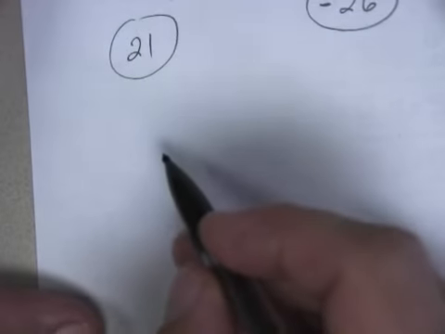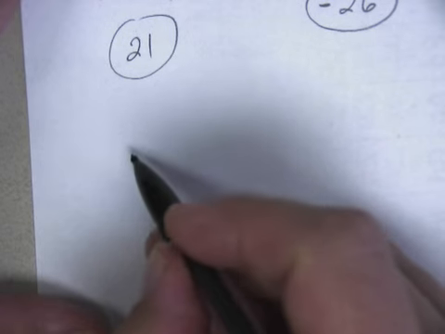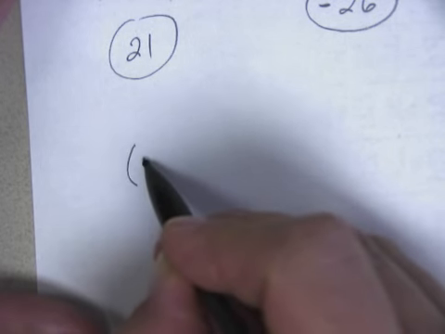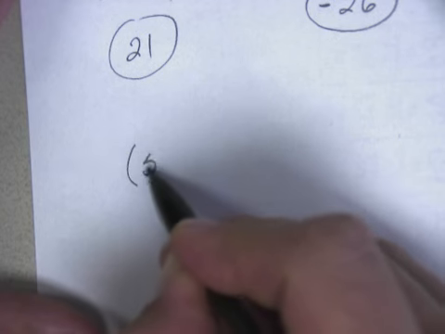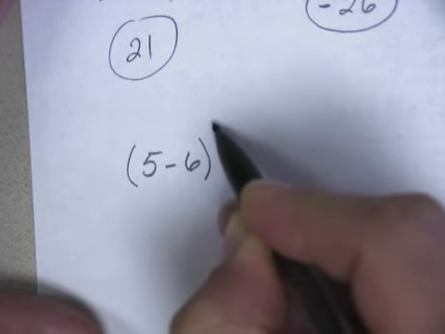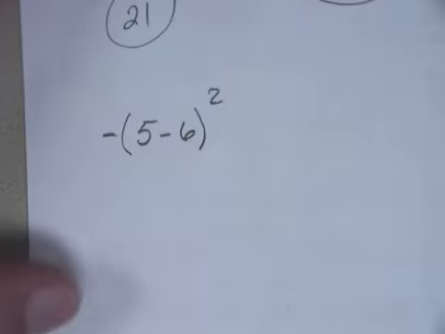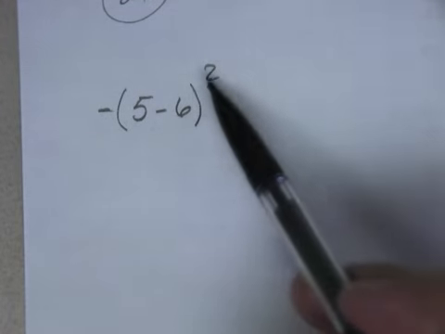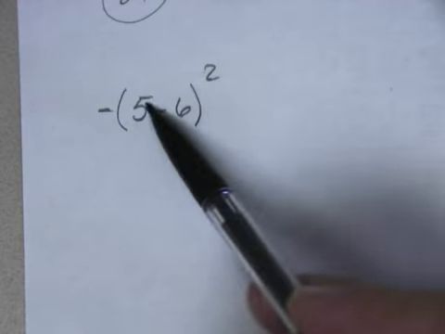Let's do one more that's got a little more difficulty on it, and then we'll call it quits. So let's put parentheses in here. Let's go negative 5 minus 6, and then let's square it. Do we square it first?